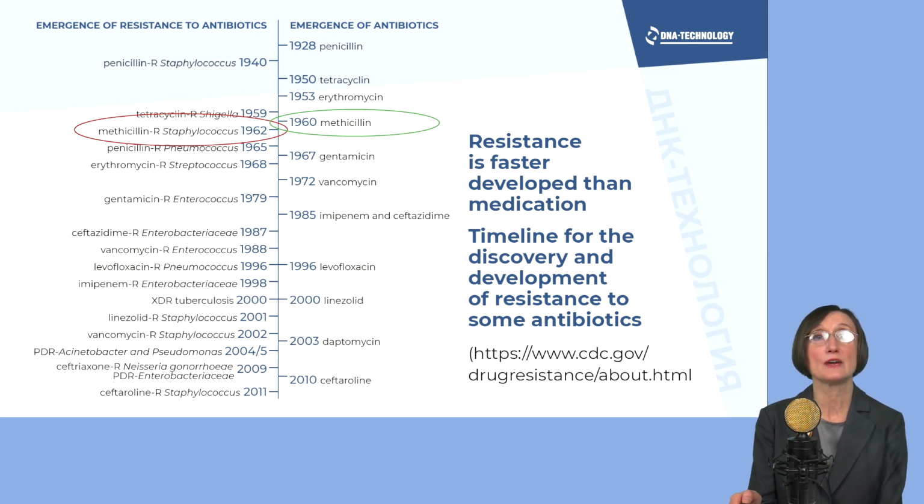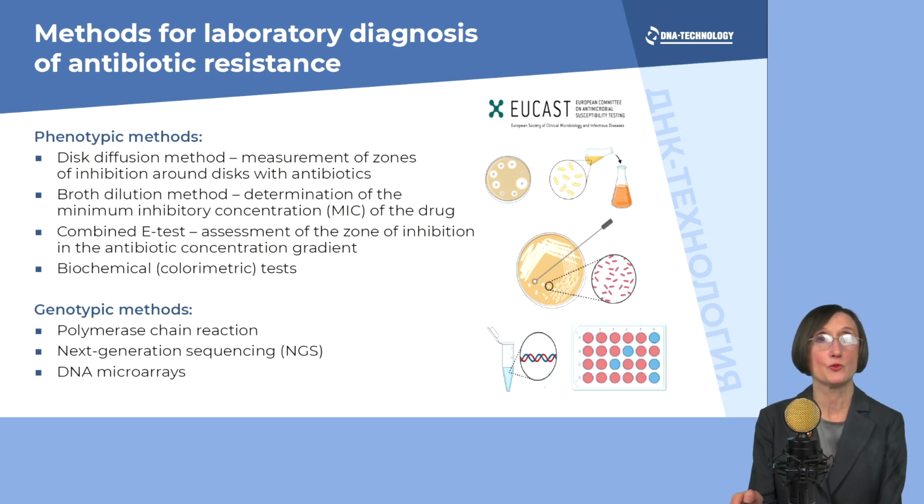This is why today reasonable prescription of antibacterial therapy involves identifying whether the detected microorganisms are resistant to antibiotics. Only this can ensure effectiveness of therapy of patients and slow down the global spreading of resistances. There are 2 groups of methods for laboratory diagnosis of antibiotic resistance: phenotypic and genotypic methods.